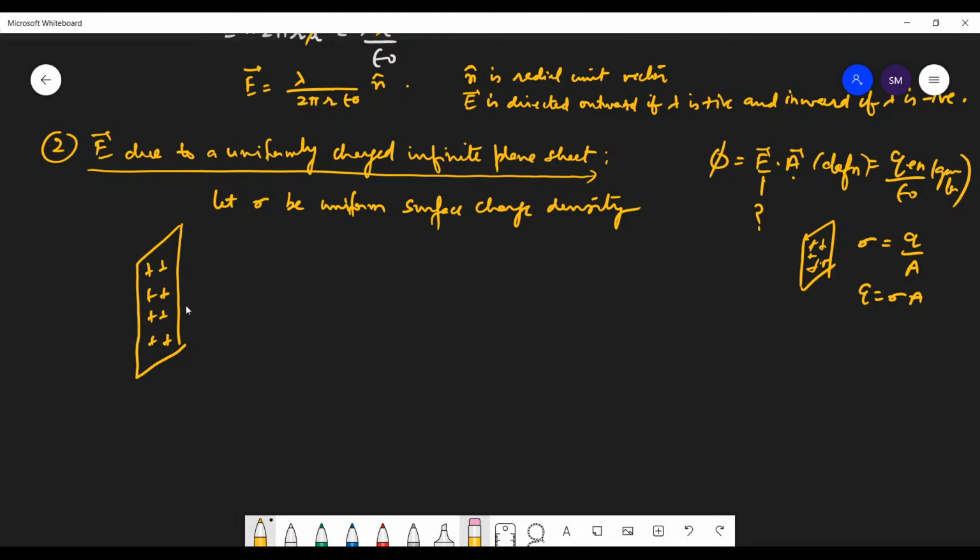So this is our x-axis. By symmetry, the electric field will not depend on y and z coordinates. Of course, the field is only along the positive x direction and along the negative x direction, so the electric field will be parallel to the x direction.